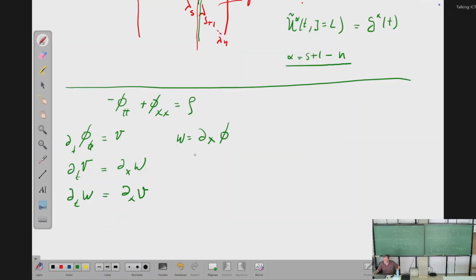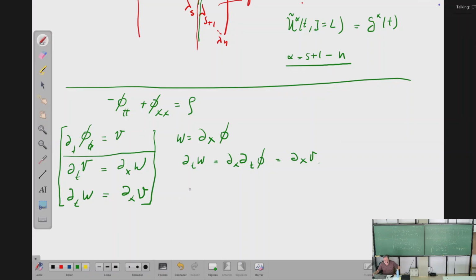Because if you take dt of w, this is dx dt of phi, I can interchange the derivative, and this is dx of b, okay? So you have this system. This doesn't have derivatives, so this is not really important. So you look at this part, and this one you can diagonalize.